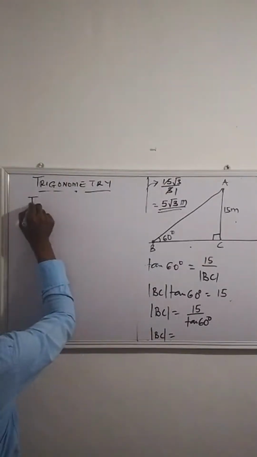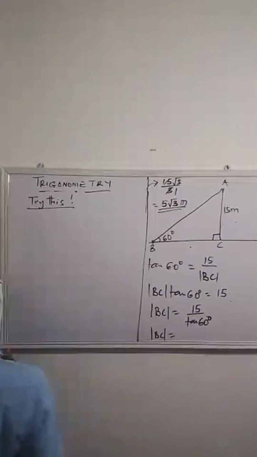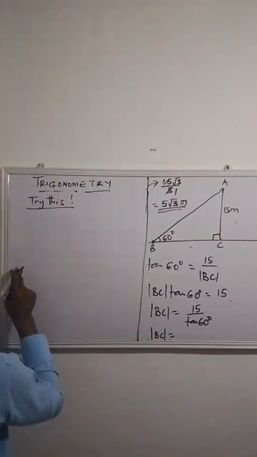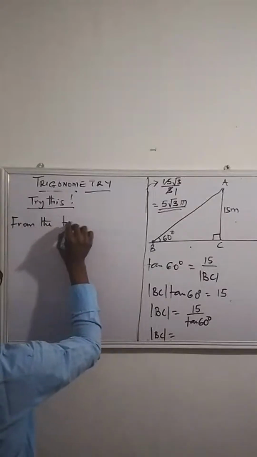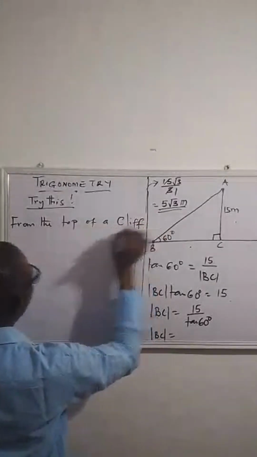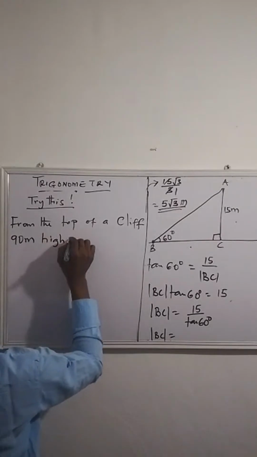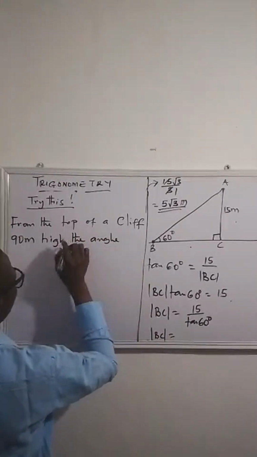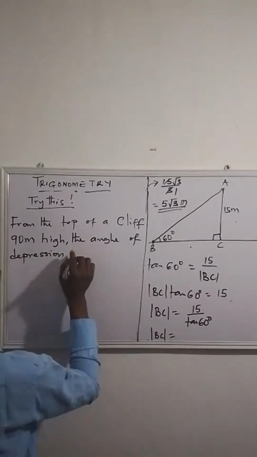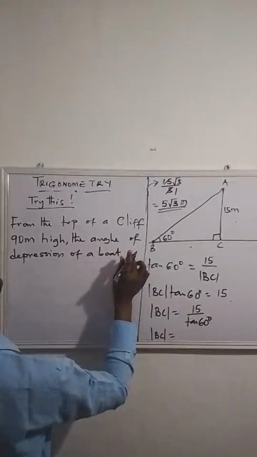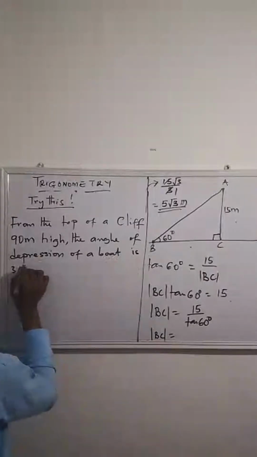Okay, try this. From the top of a cliff 90 meters high, the angle of depression of a boat is 30 degrees.